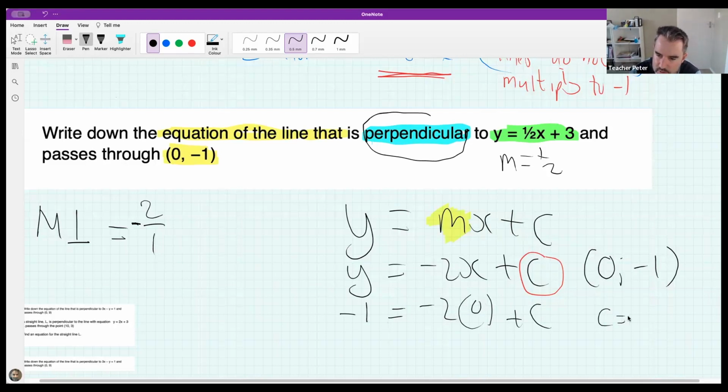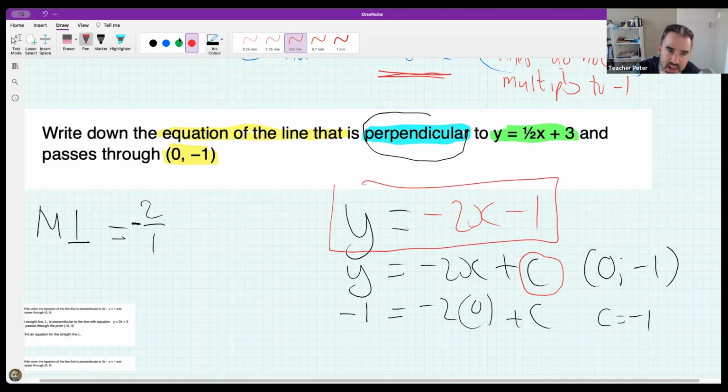So C must be -1. And then my final equation must just be -2x - 1. And so that is going to be the equation of the yellow line.